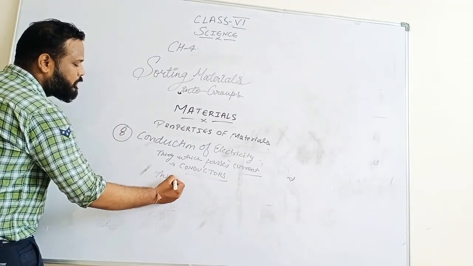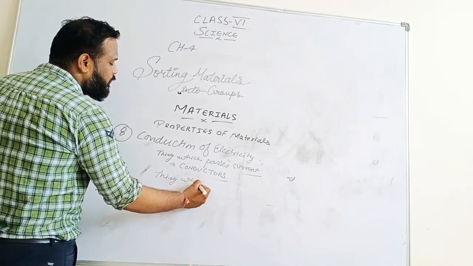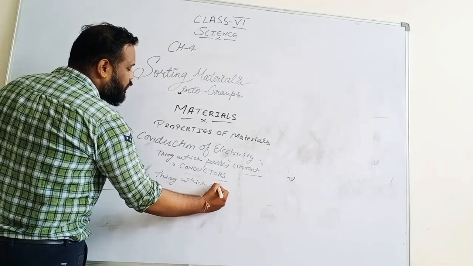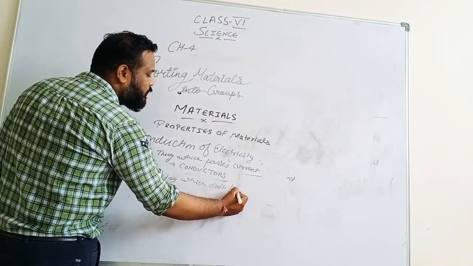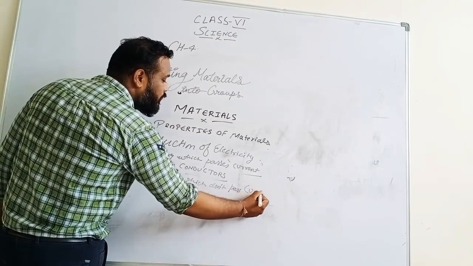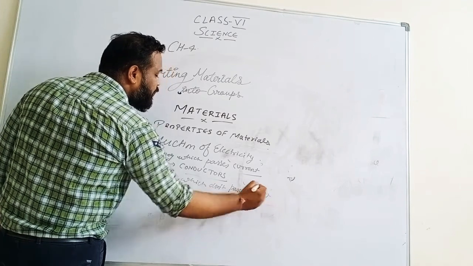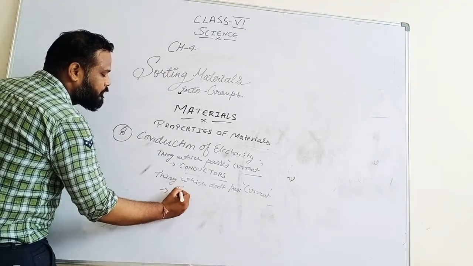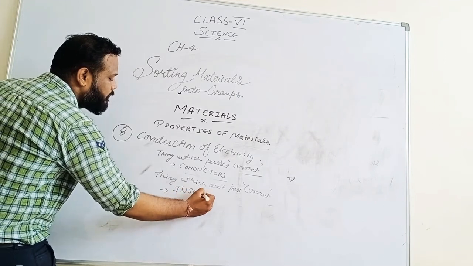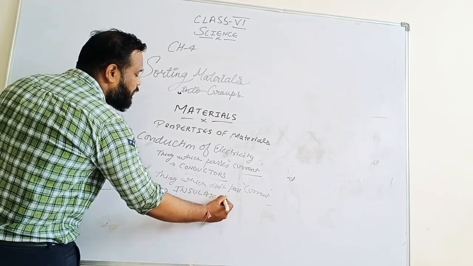And the opposite, the things which do not allow current to pass, are known as insulators. Yes, students, insulator is a synonym of bad conductor of electricity.